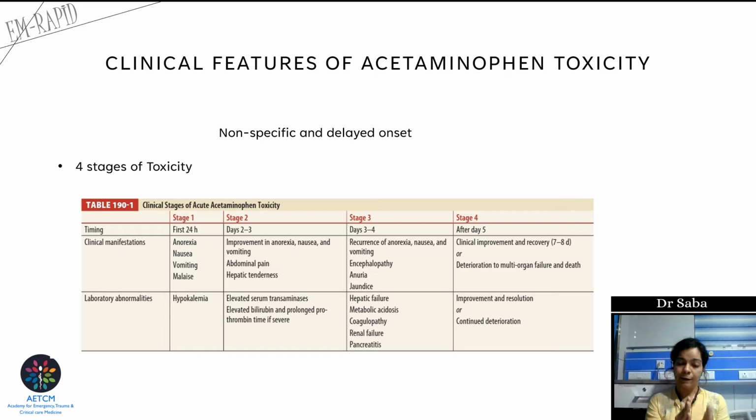Now, after this stage passes, it is the 4th stage, that is after day 5, wherein the patient will improve clinically and recover by the 7th to 8th day. If we have dealt with acetaminophen toxicity and prompt management has been provided, the patient can either clinically improve and recover within a week, or deteriorate, go into multi-organ dysfunction, and ultimately die.